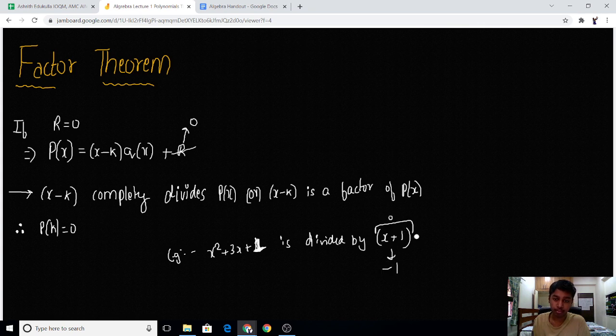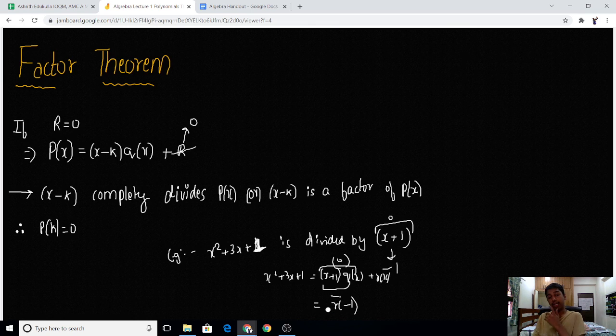In a division algorithm it would be x square plus 3x plus 1 equals x plus 1 into q of x plus r of x. Now if I keep x equals minus 1, then this whole part becomes 0. That's what I need. So now this side is r of minus 1.